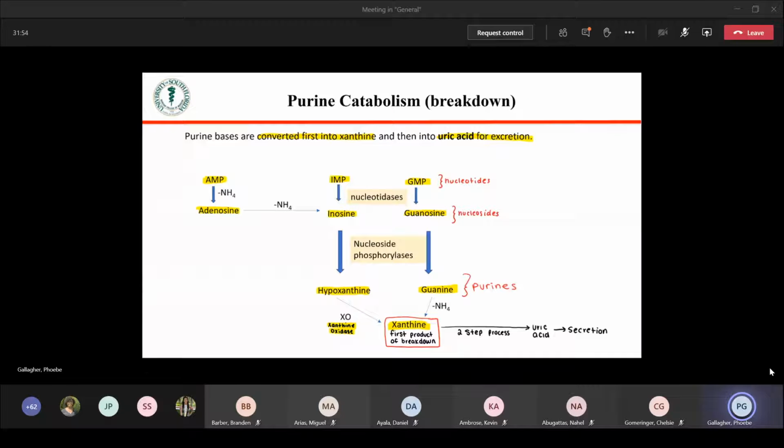This, I would say, is lower yield, but the main point she wanted to drive home was the fact that you get your hypoxanthine after breakdown from the nucleotides to the nucleosides. So you remove the phosphate group. Then you get your nucleosides, and then ultimately you'll get your free bases.